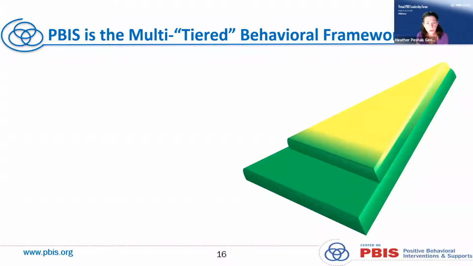And then we look at tier 2, who needs supplemental supports, a little bit more overall. They're still accessing that foundation of tier 1. But then tier 3, this is those who may need the most intensive support. So it's not just students that need the most intensive supports, there are also some families that we know need more intensive supports.